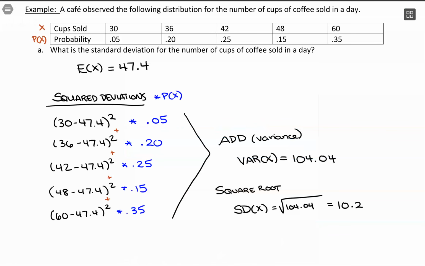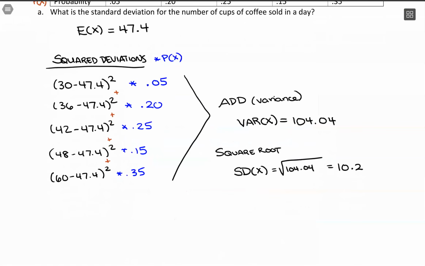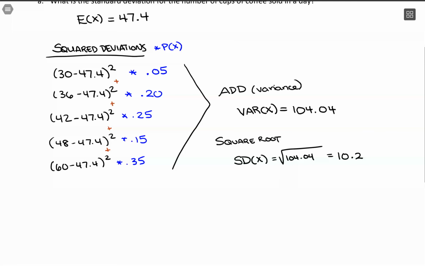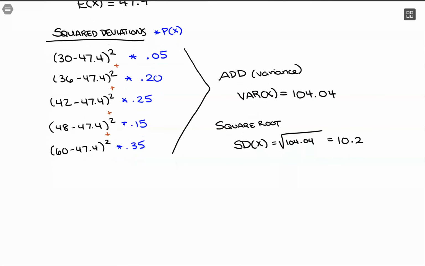All right, so in terms of interpretation here, how we make our sentence is going to be basically the same as how we did it before. So expected value tells us what we expect to sell. So the cafe expects to sell about 47 cups of coffee in a day.